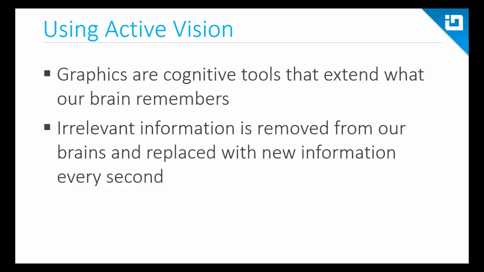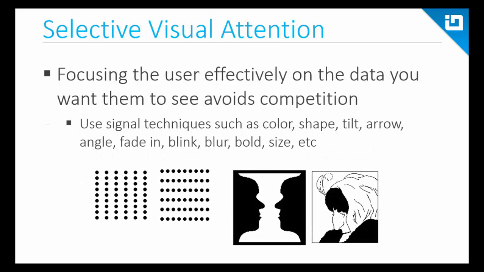So information is constantly being refreshed in our brain, forgotten and then remembered and then forgotten and then remembered. As you're looking at things like charts or dashboards, you have to make sure that you're telling the right story, but you're also getting the person's attention so they actually remember it.